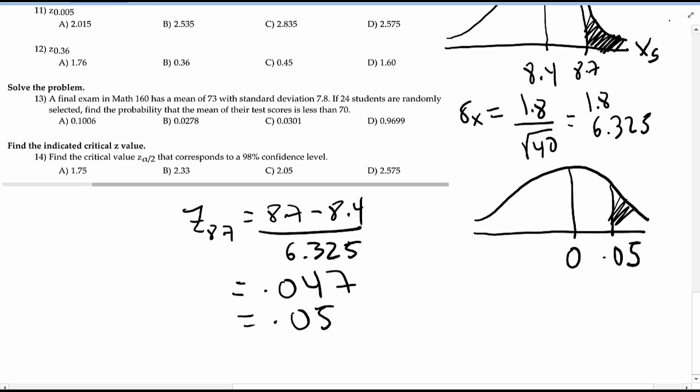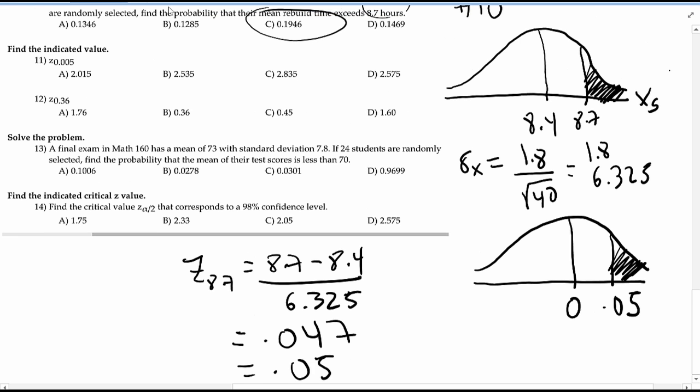We want this area. So your answer should be very close to 50%. This is problem number 10.